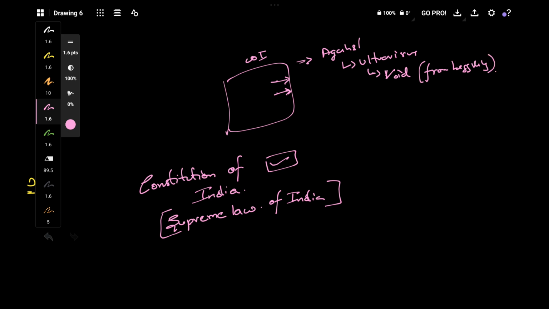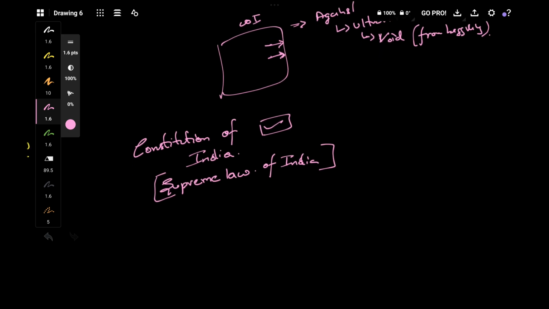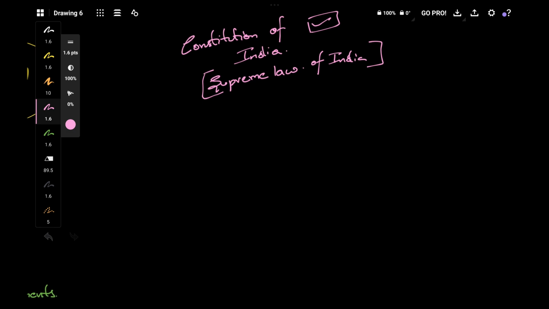So that's the reason the Constitution of India is very important, and it has different parts in it. It has 25 parts for now. It will vary frequently. It has a preamble. Preamble is nothing but like an index of what the Constitution of India is going to constitute, what it has inside it.